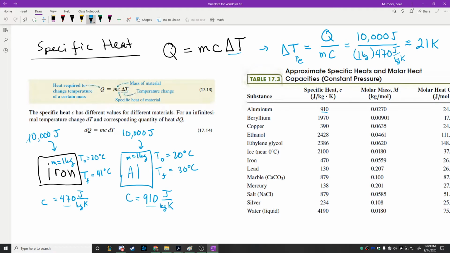You get 10,000 divided by 910. Yeah, 10.98, so it would actually be closer to 31. And the way Tom put it is that it looks like it needs less energy per kilogram to heat it up. Yep.